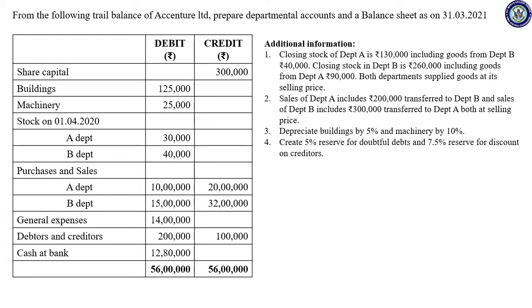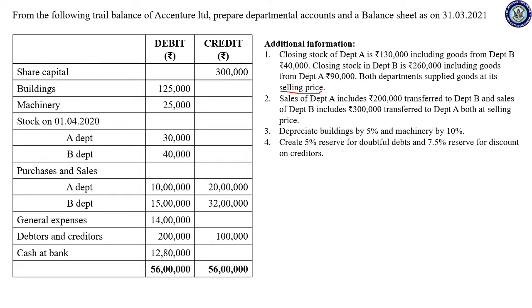This is important. See, they have supplied at their selling price, means they have added the profit. In the previous problem, the interdepartmental transfer was taking place at cost price. At what cost you manufacture, at the same cost you are transferring to the other department.